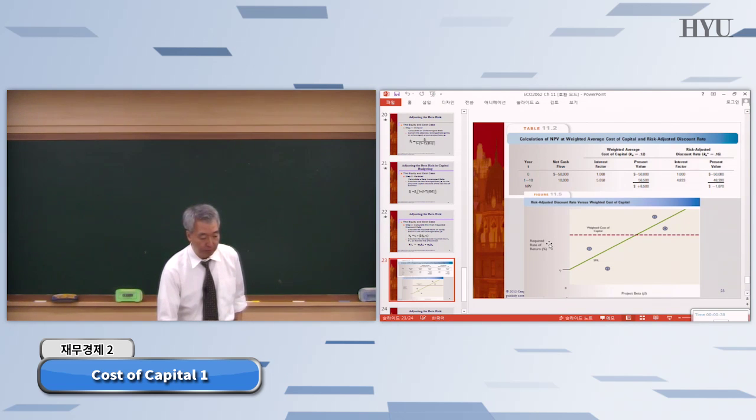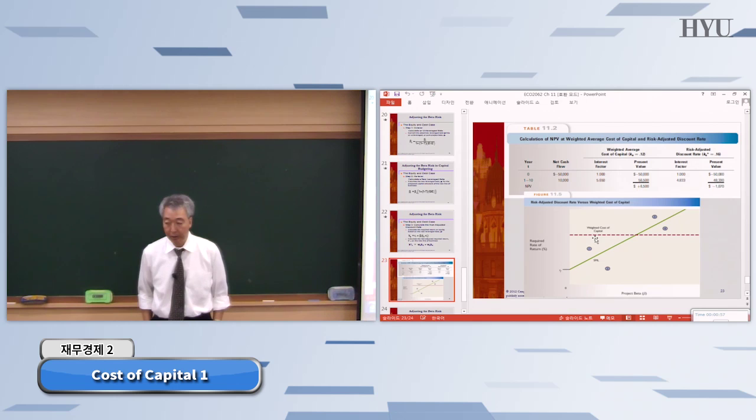If you remember the discussion from last semester, when we discussed the CAPM, the capital asset pricing model, for the first time, you probably remember that any projects or investments above this green line, above the security market line, are acceptable projects.